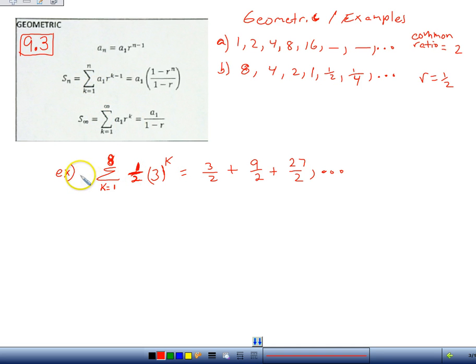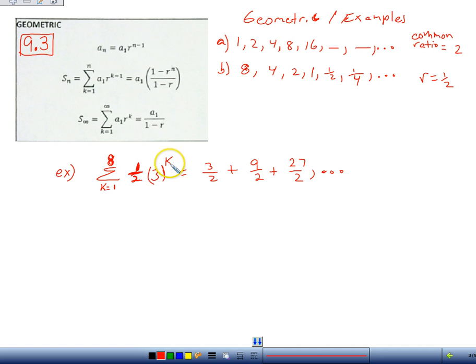Let's take a look at the first problem here. I'm asking you to find the finite partial sum from 1 to 8 of this expression. Okay, well, we start with the 1 and plug it into the k.